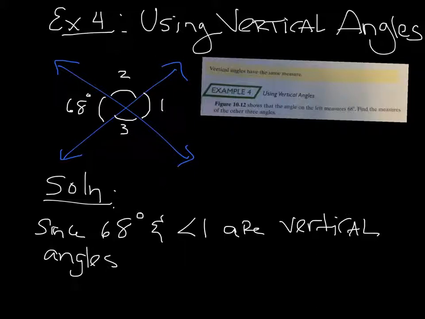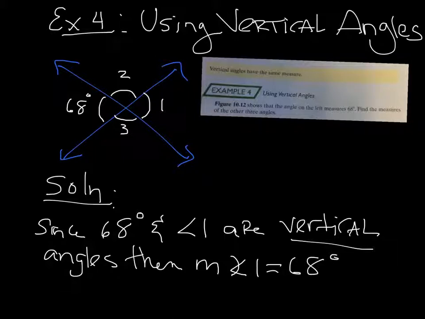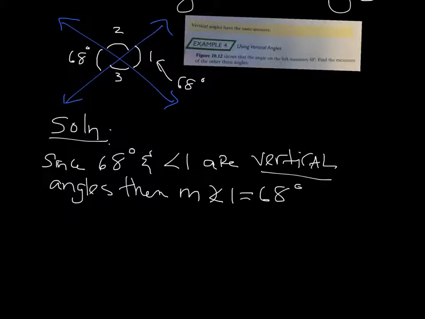What type of angles? Vertical angles. Since they're vertical angles, then we know that the measurement of angle 1 is 68 degrees because they're vertical angles. So that's the first thing you want to say. So again, we know now this is 68 degrees.